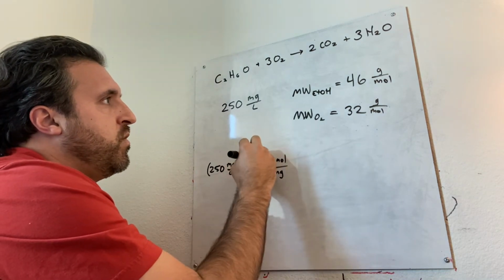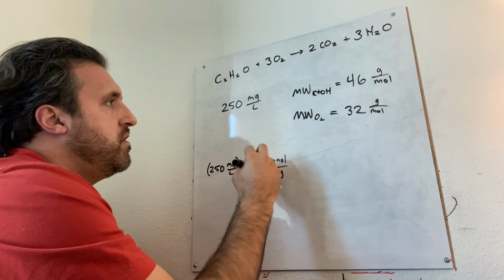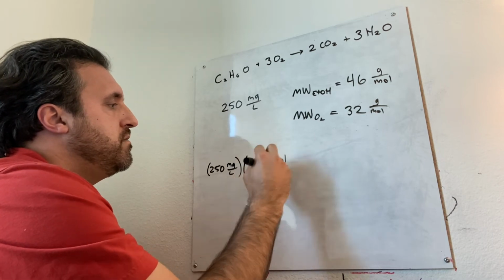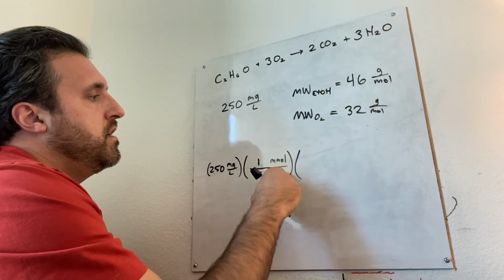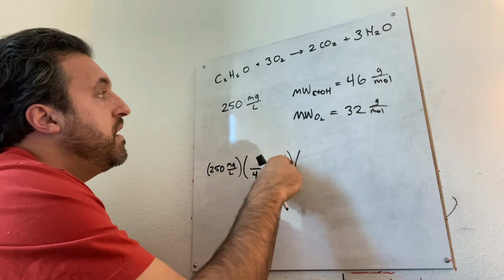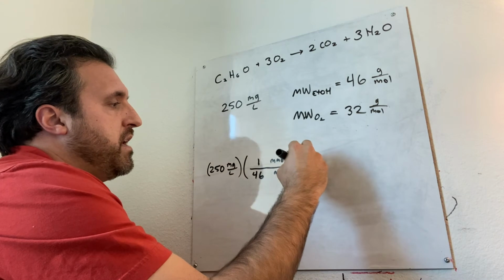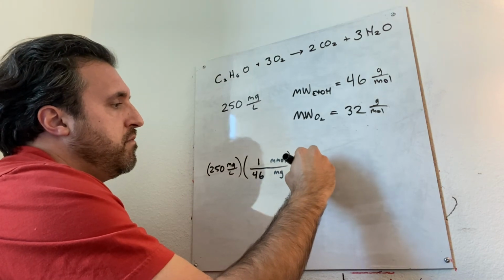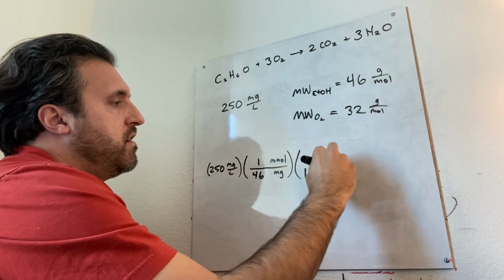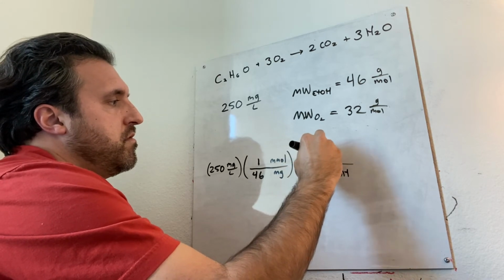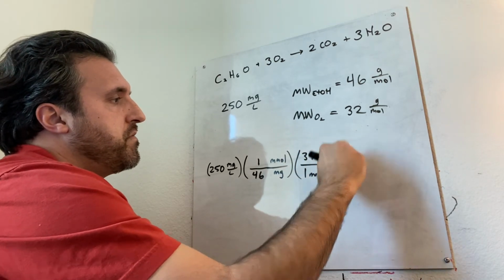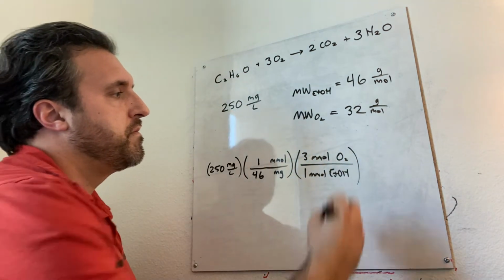And we've got in 1 millimole, we've got 46 milligrams. That's for ethanol. So now we have 1 millimole of ethanol per 3 millimoles of O2 based on our stoichiometry.